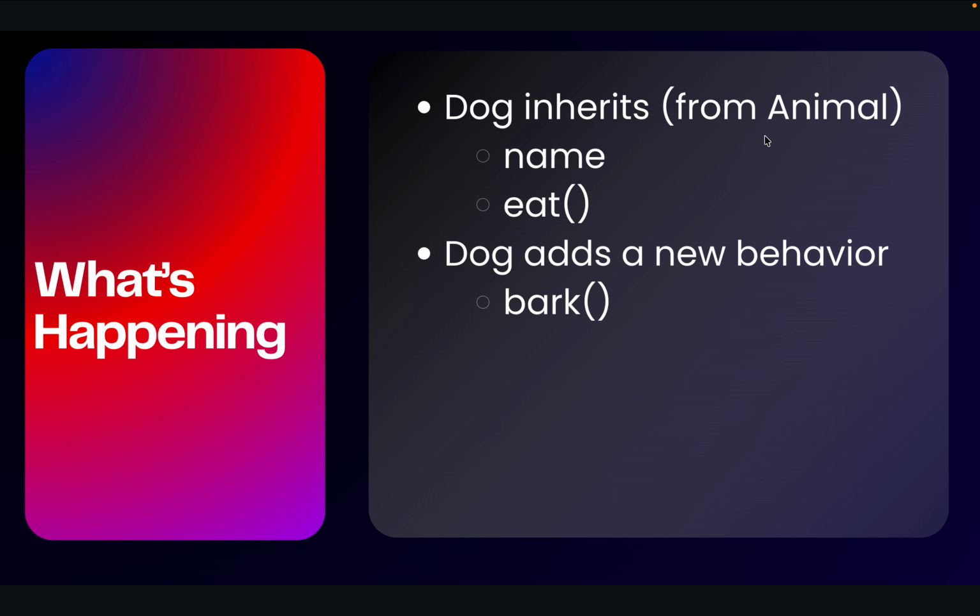We had that Dog class and it inherited from the Animal class, so it got name, the variable, and eat, the method, automatically. The only thing different is Dog then added its own new behavior, which is bark. And again, you can add as many new fields and methods to the class as you would like, but since we're just doing a simple example, we're just showing the case of one new method or behavior.